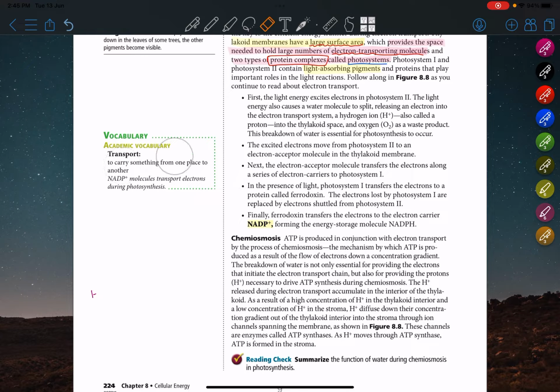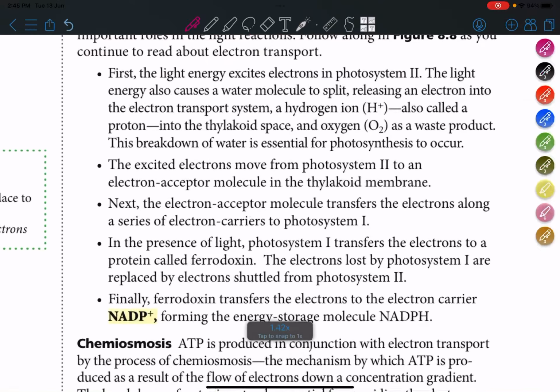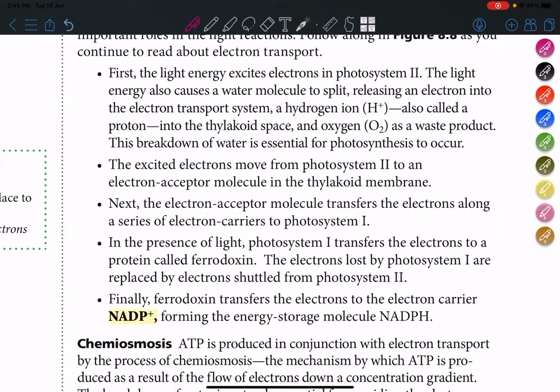So the first step in the electron transport is you have light energy that excites electrons in photosystem 2. So we start by exciting electrons in photosystem 2. Then the light energy will also cause a water molecule to split.